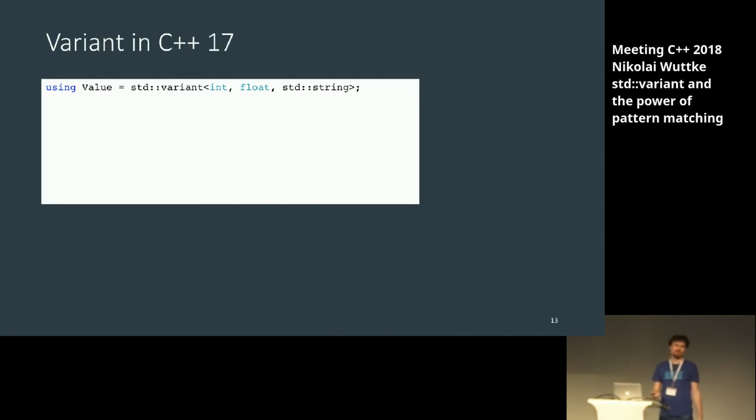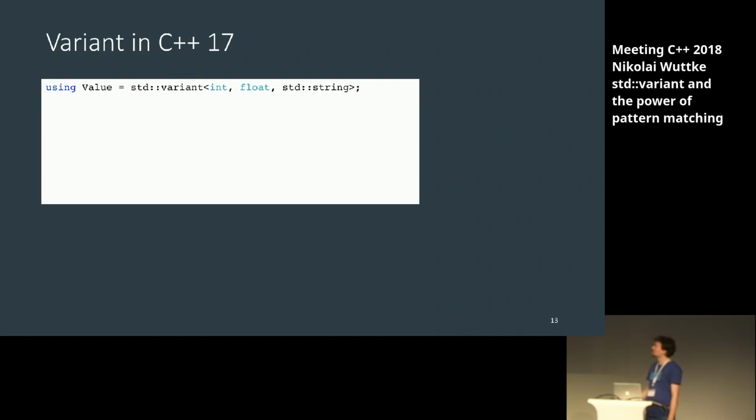It allows us to declare a type, like here I call it value, that's a variant of all these other types, in this case int, float, and string. It keeps track of which one is currently in there, and it also makes sure that it's type safe. So if you put an int in and try to get it out as a float, this won't compile, whereas with a union, that's not the case.